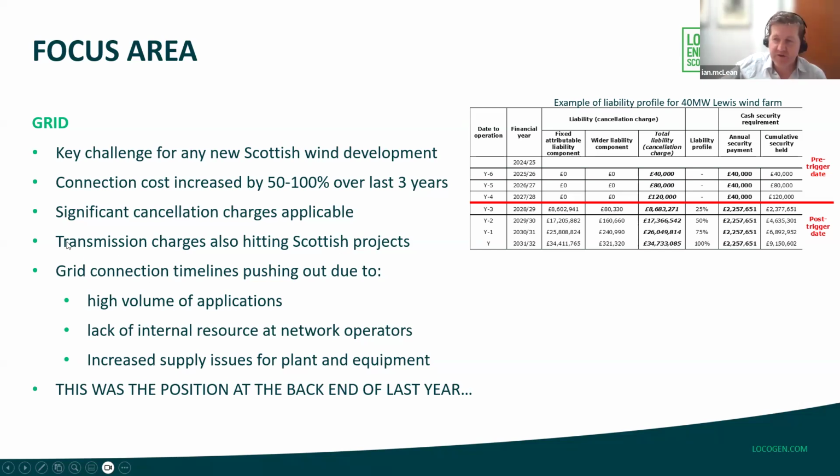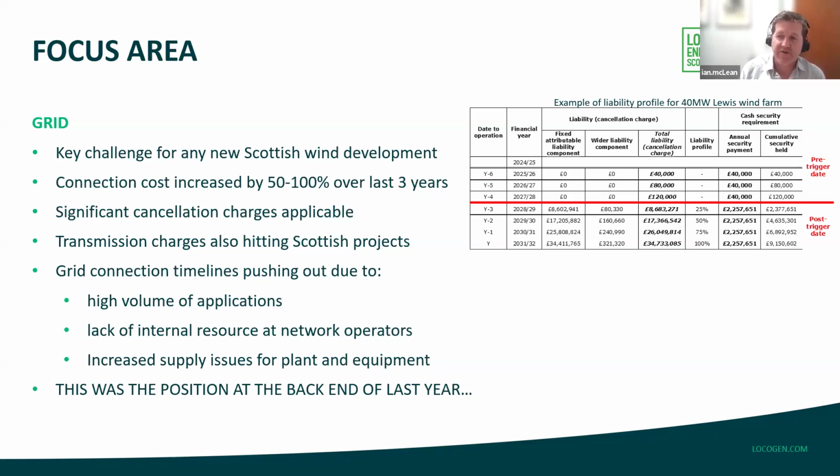Also, on the grid side of things, we have transmission charges, which are operational charges hitting larger wind farm projects which are transmission connected. And finally, we've had a lot of issues over the last few years with connection timeframes pushing out due to a high volume of grid applications, and the grid operators struggling to deal with that significant volume of people asking for connections.